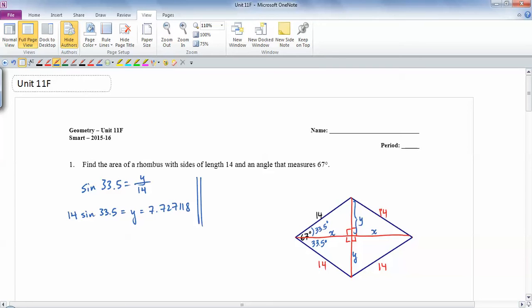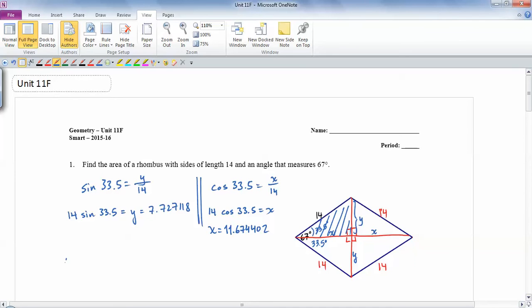And if I do the same sort of thing but use cosine, then I can solve for x. So I'll multiply over the 14. In that case, x ends up being about 11.674402. And then I want to get the area of one of these triangles.